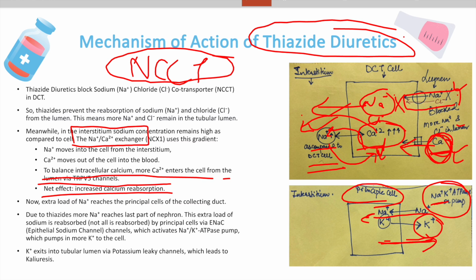Finally, I discussed that more sodium reaches the last part of the nephron. Sodium reabsorption increases. All of the sodium is not reabsorbed, but a small amount of sodium is reabsorbed. That small amount of sodium reabsorption results in potassium exit. So finally potassium exits out of the principal cell into the lumen. This explains why thiazide diuretics are also potassium wasters.